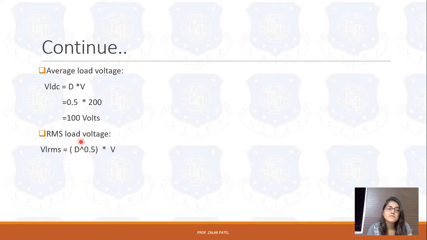Here we have to use the duty cycle, and that's why we use this equation: square root of duty cycle, meaning root D into V. We have already seen this equation in the analysis of the step down chopper, that VL RMS is given by root D into V. The duty cycle we have already found, so if you put in the values, the answer will be 140 volt. So this is how you can find the load voltage and RMS voltage if you have the value of the operating frequency and the on time.